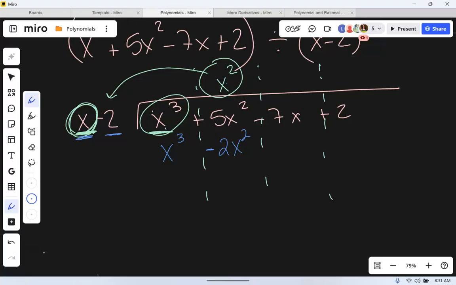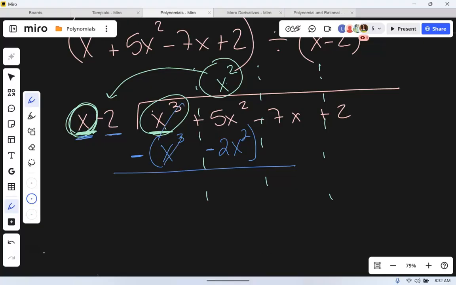All right, what's my next step over here? Subtract, right? 7 minus 5 is 2. Over here, I'm going to do the same thing. I'm going to subtract, but be careful because I am subtracting everything. So I'm going to put some parentheses around this whenever I go to subtract. X cubed minus x cubed. What happens? It cancels.